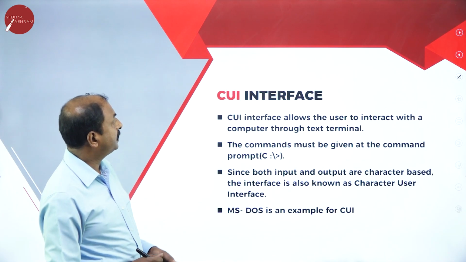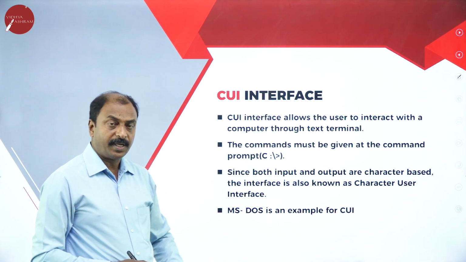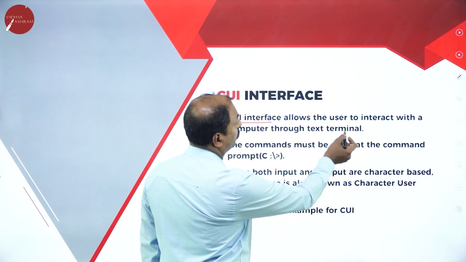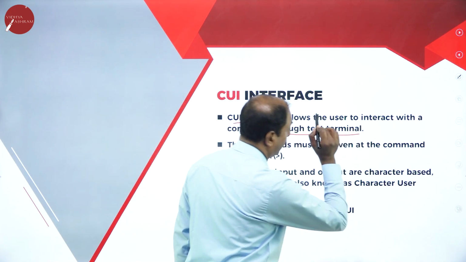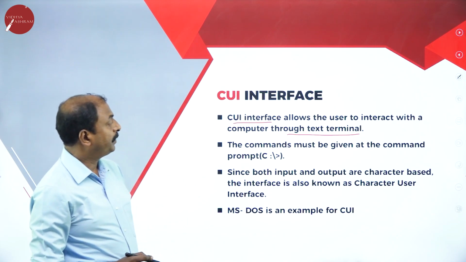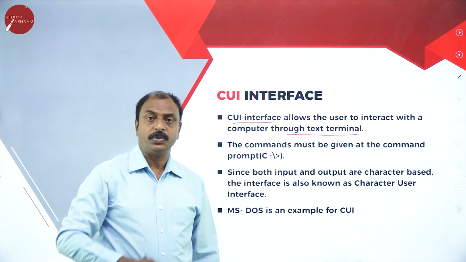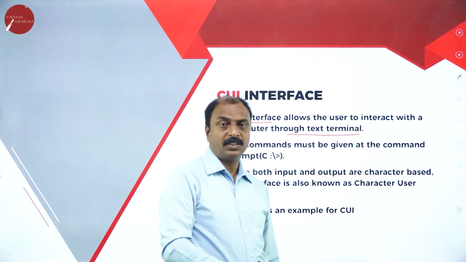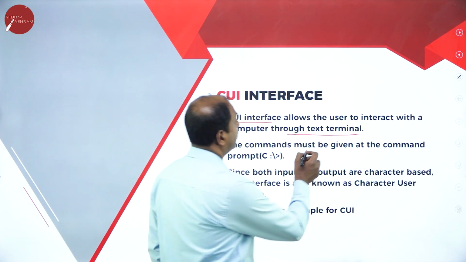Now let us see what CUI is. This is command user interface. This CUI allows the user to interact with the computer through a text terminal. So what is the meaning of text terminal? Here we communicate with the computer through computer programs, which are nothing but a set of instructions. So we have to instruct the computer at the text terminal.